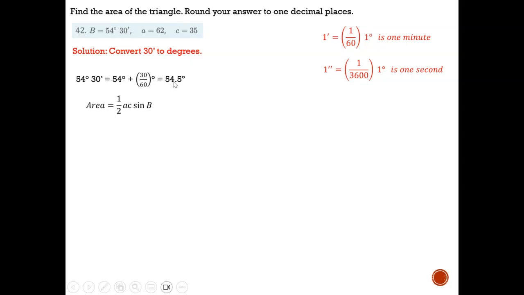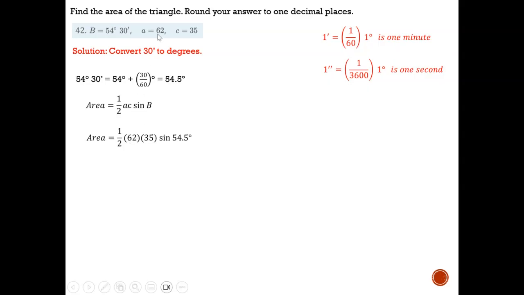So now I have angle B, and they give us sides A and C. We're going to be using this formula because they give us side A and side C, and angle B. Let's plug everything in.